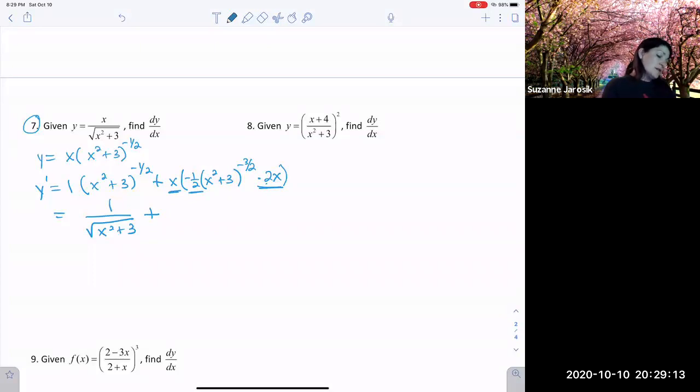So that would mean actually I end up with negative x squared. Huh. I'll get rid of that plus sign. Minus, right? X squared, right? Over, okay, in a radical form, negative 3 halves would mean the square root of x squared plus 3 cubed.